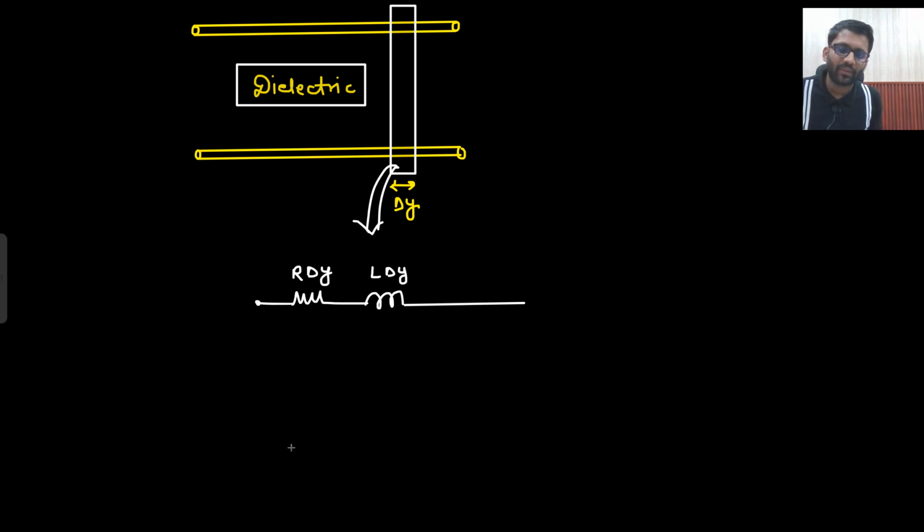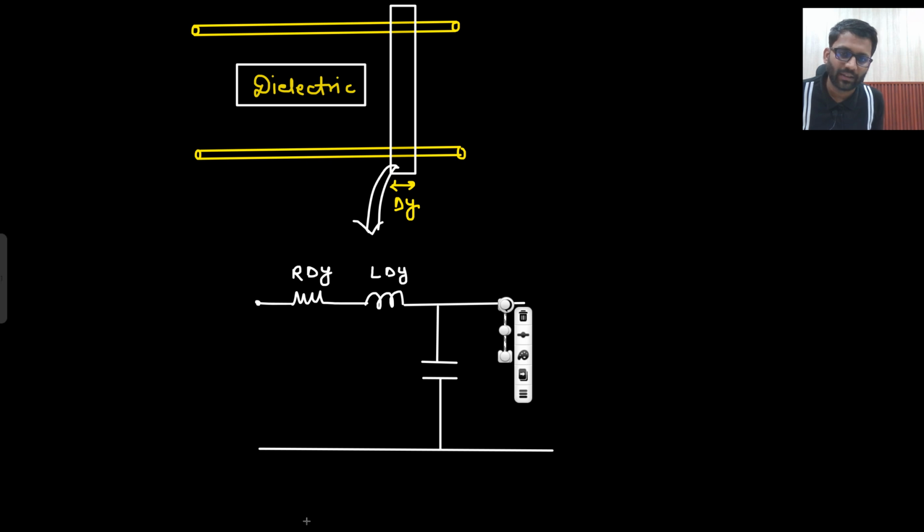In delta y, how much conductance will be there? G into delta y. And how much capacitance will be there? C into delta y. Right?